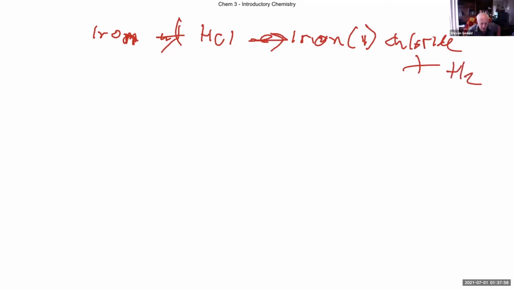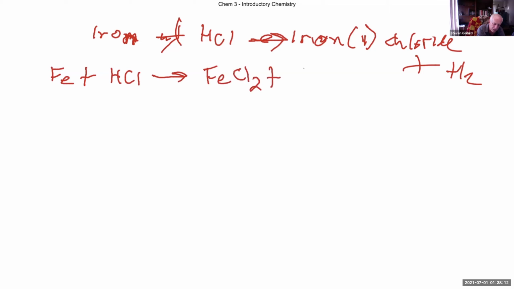So I'm going to take that and convert it into chemistry. Iron metal, Fe, plus hydrochloric acid goes to iron 2 chloride plus hydrogen gas. There's my chemical equation.